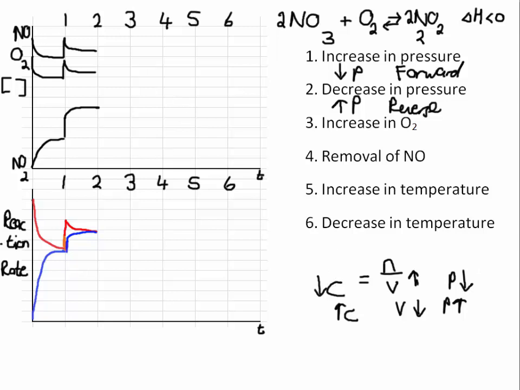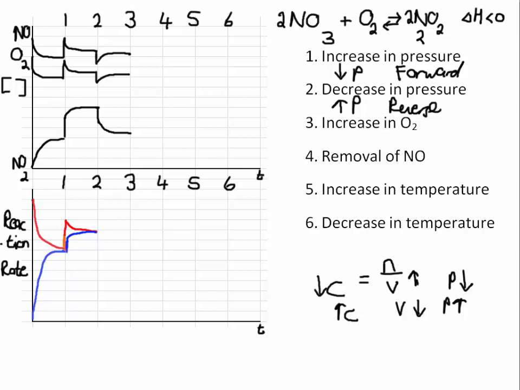So our first thing, before there's any rectifying of a balance, is we see that all of the concentrations of the gases will show a sharp decrease. Then the fixing comes. The reverse reaction is the one that's favored. So we'll see a gradual decrease in the NO2 and a gradual increase in NO and O2.